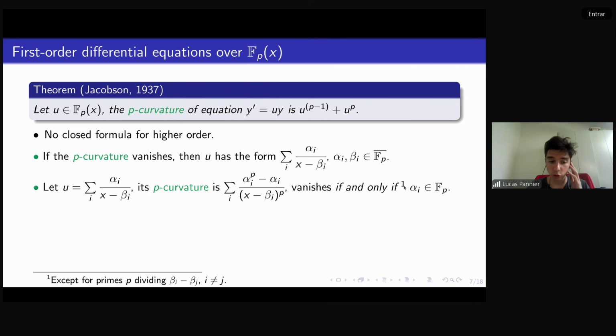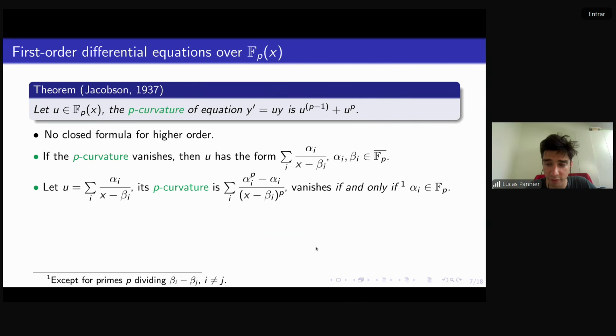There is a little footnote, because this is only true if p does not divide the difference of two roots. This should not be here if we were in characteristic 0, but we are in characteristic p. However, this only excludes finitely many primes, so we should not worry about this statement.